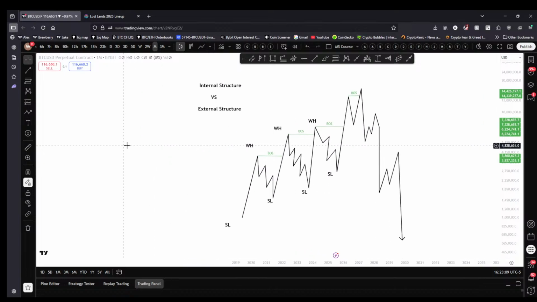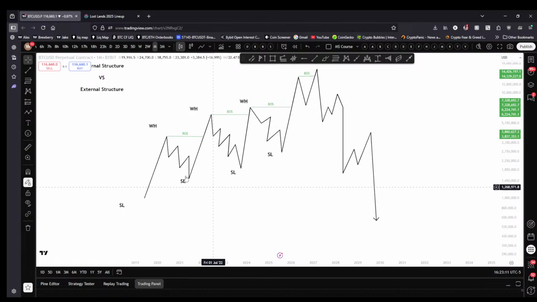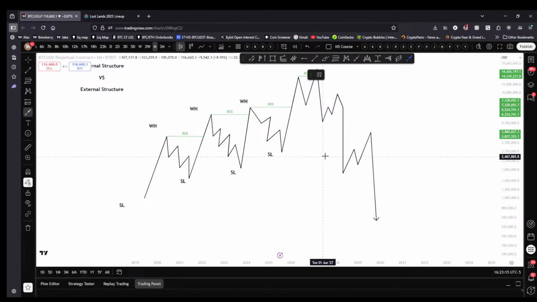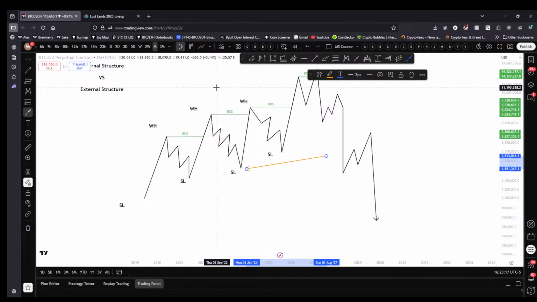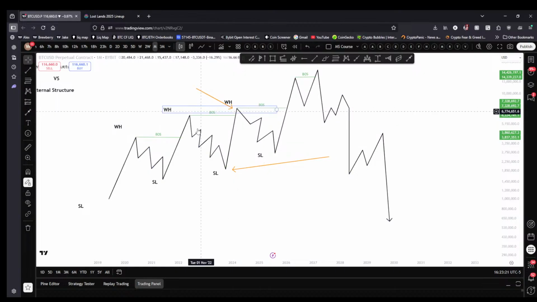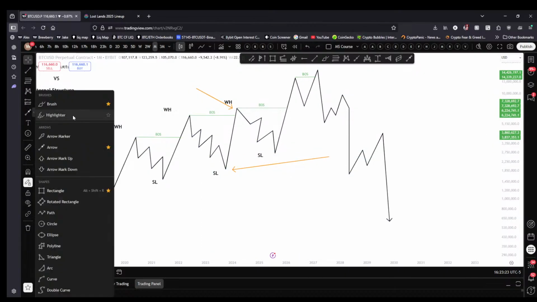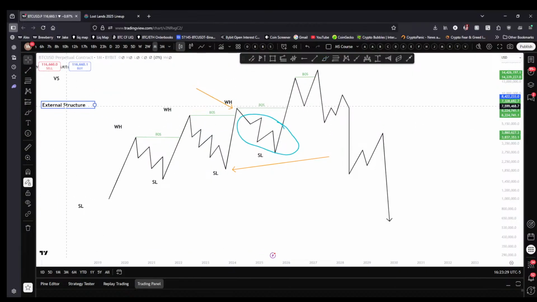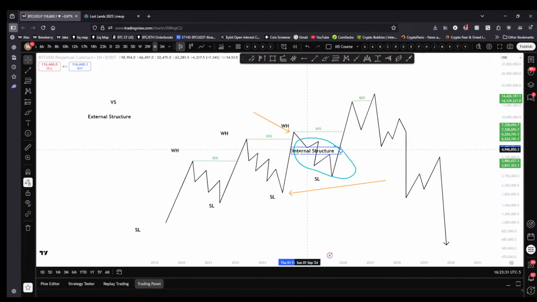So, if we know that this is our strong low and this is our strong high, any structural breaks that occur within these two areas, so all of these, would be considered internal structure, right? This is internal structure.